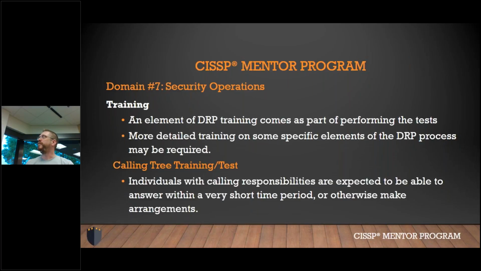So individuals with that call responsibility are expected to be able to answer within a short period of time or otherwise make arrangements. You can do this a couple ways, right? You can hire those call tree services, or we would have a call tree. We would know at some point this week we're going to do a call tree test, and then the expectation would be you respond with an email to whoever is organizing the test with whatever the phrase or word is that comes down from above.